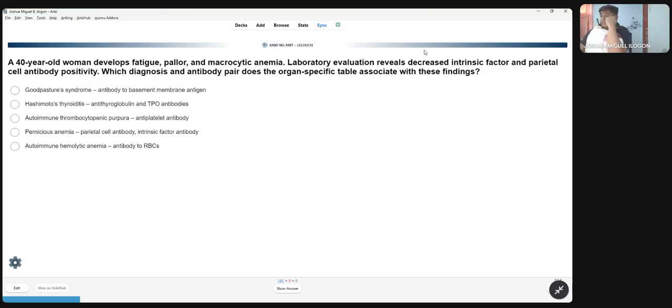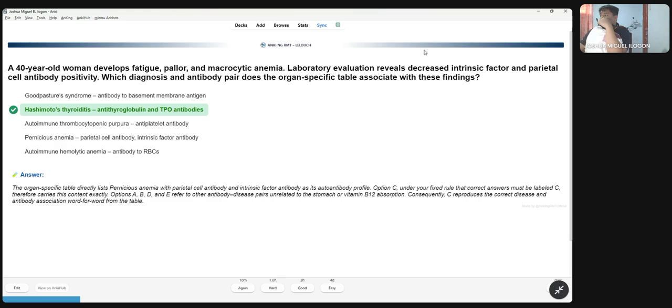So we have a diagnosis, antibody pair. Goodpasture syndrome. So this C, Hashimoto's.